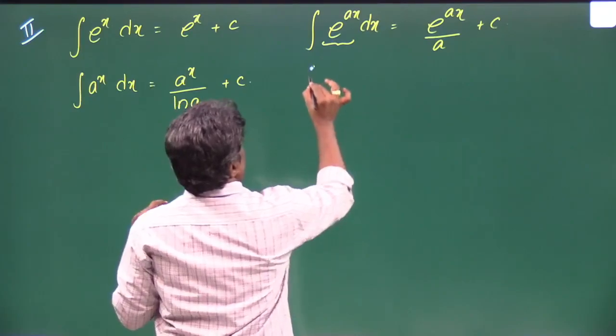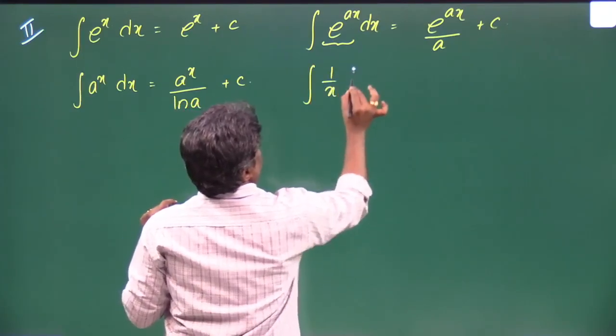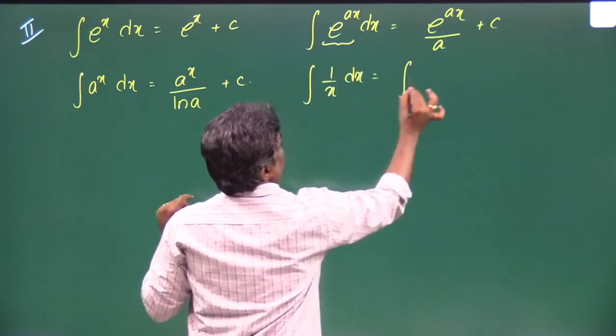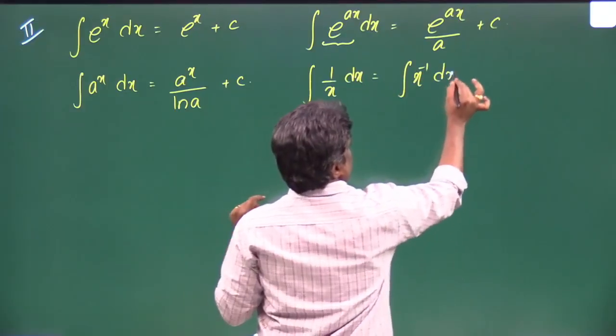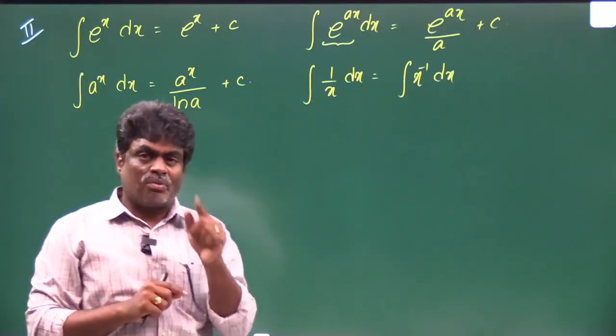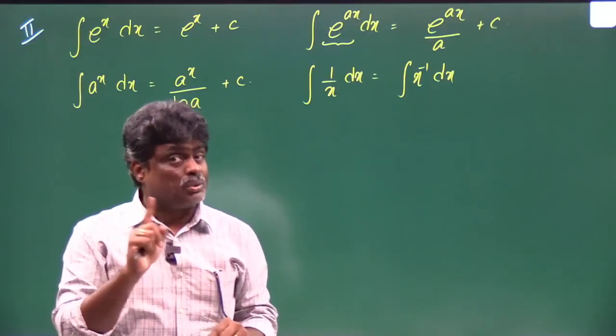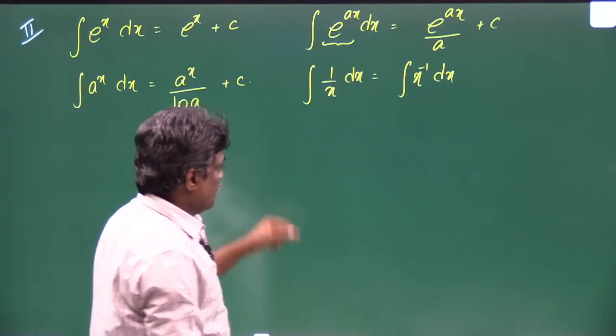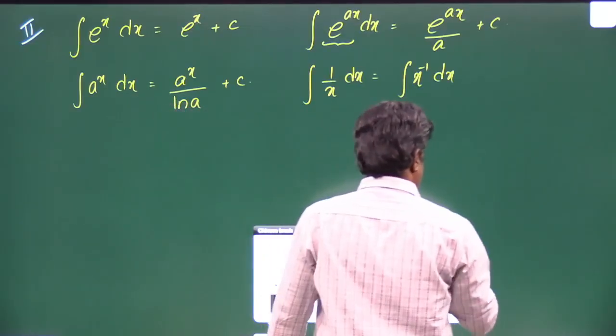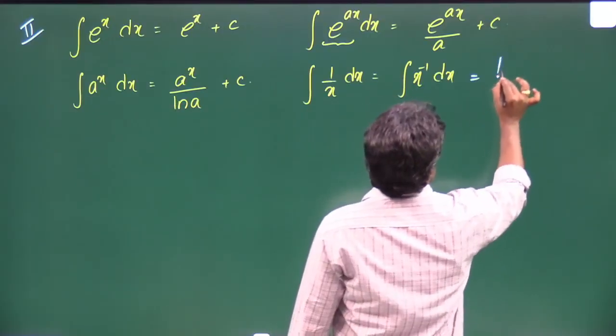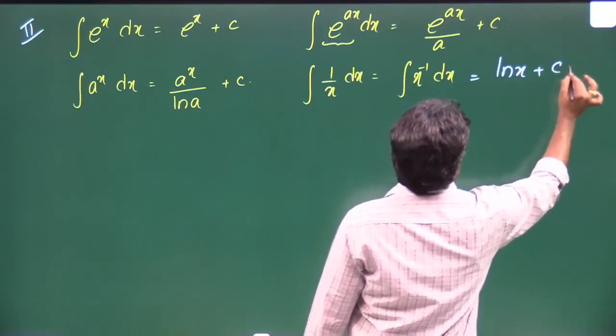Next one, integral 1 by x dx. This is integral x power minus 1 dx. Earlier we explained one formula: integral x power n dx is x power n plus 1 by n plus 1, but n should not be equal to minus 1. But here n equals minus 1, so this is log x plus c.